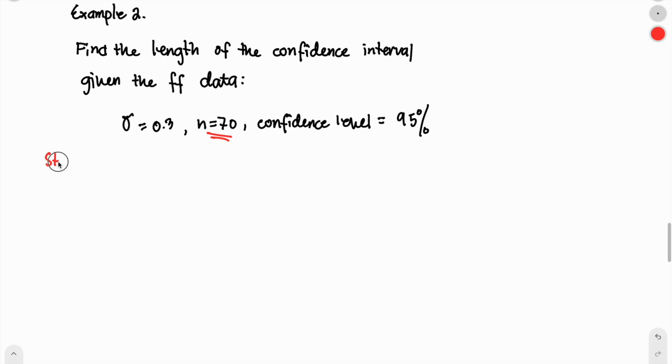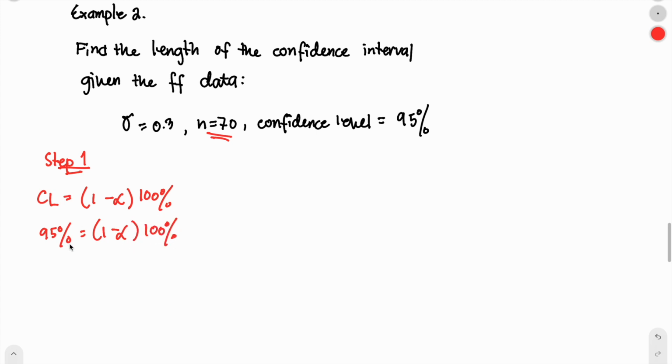So for step 1, we should find the value of alpha. The confidence level is equal to 1 minus alpha times 100%. Since it's given, 95% equals 1 minus alpha times 100%.